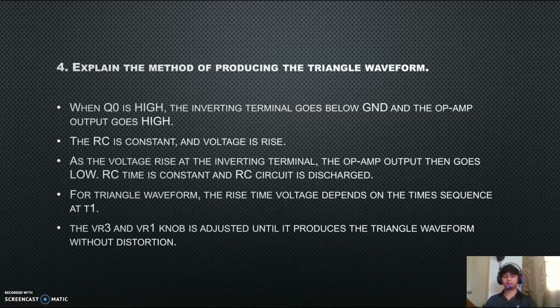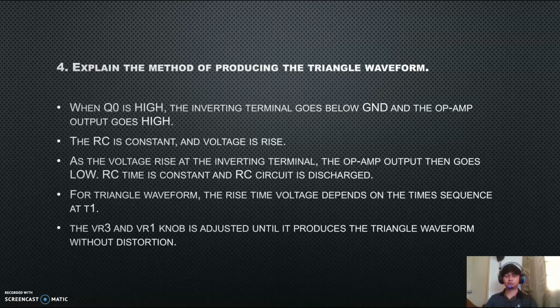For producing the triangle waveform, the rise time voltage depends on the time sequence at T1, and the connection of the TDM board with the power supply and oscilloscope is just the same as in the previous question, but this time the VR3 and VR1 knobs are adjusted until it produces the triangle waveform without distortion.